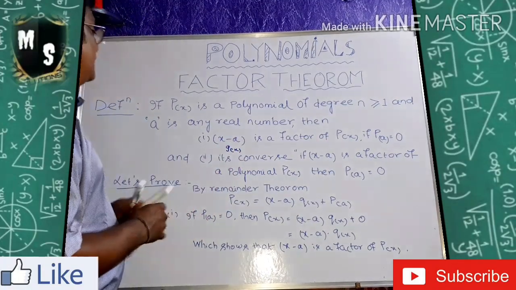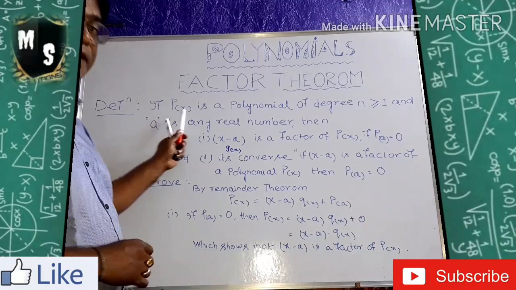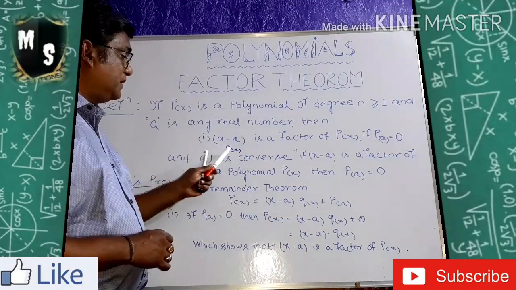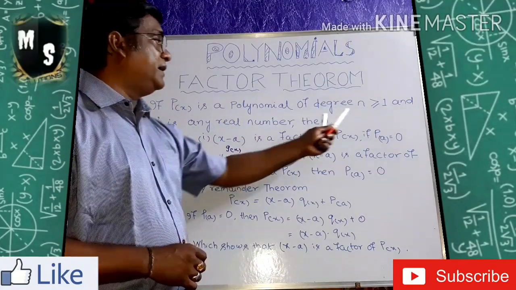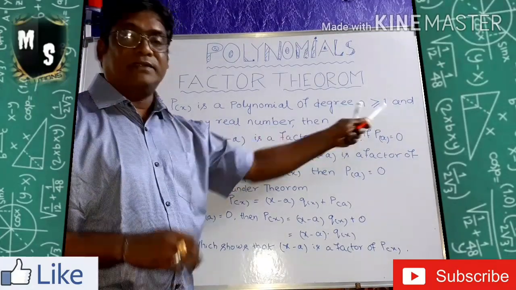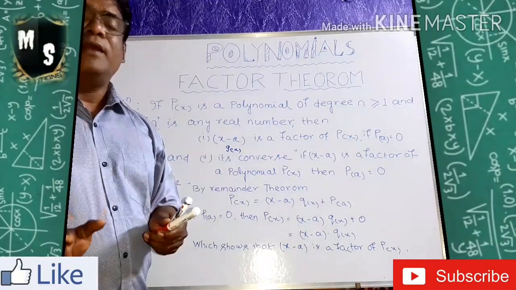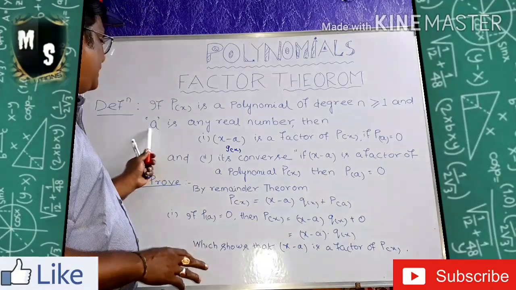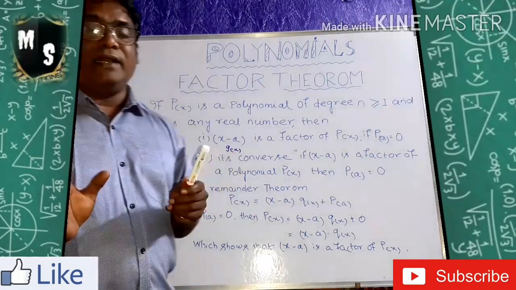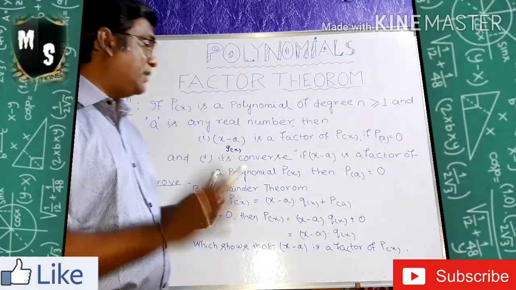So now you see, here a polynomial p(x) is given to you, a polynomial in x. Then another polynomial is given to you, g(x). And what is this polynomial's degree? This polynomial's degree is greater than or equal to 1. That means it is a linear polynomial, otherwise it is a quadratic, cubic or biquadratic polynomial. And a is any real number. Let's take a as a real number. Then what is happening?